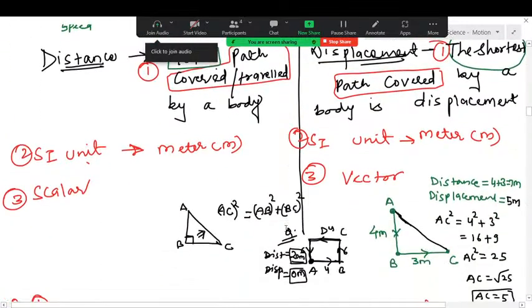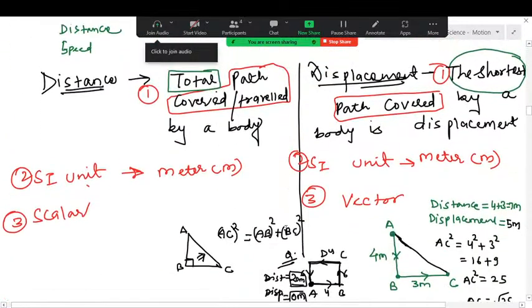You told me that distance is the total path and displacement is the shortest path. You can also use one more point, the SI unit: both have the SI unit meter. You can use a third point: distance is a scalar and displacement is a vector.